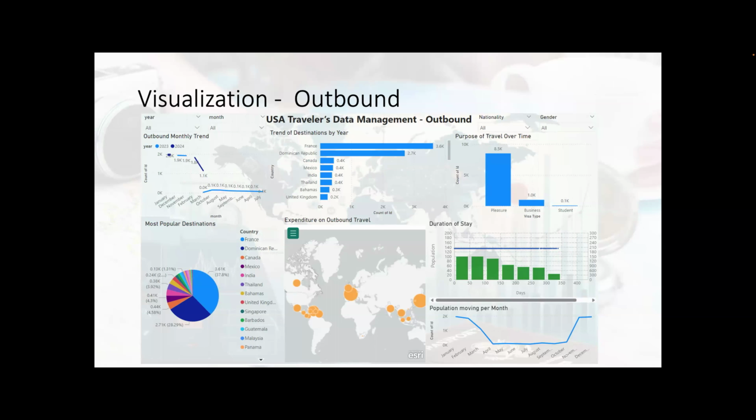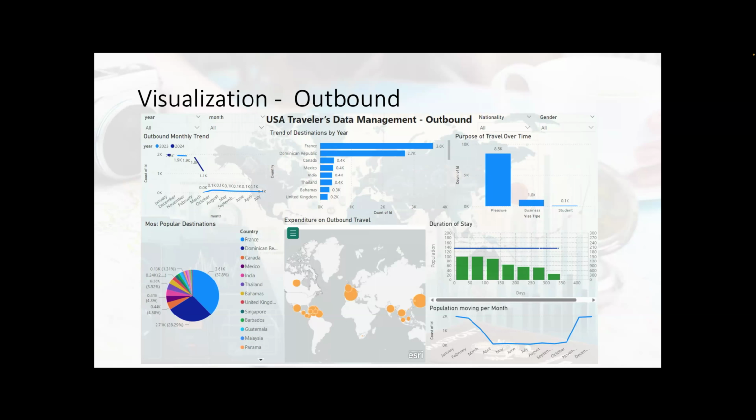Most of the population is moving to France, followed by the Dominican Republic and Canada. The purpose of travel has been identified as pleasure and business, with hardly any students going to other countries from the US. The most popular destinations have been France, the Dominican Republic, and Canada. That's also in the pie chart.